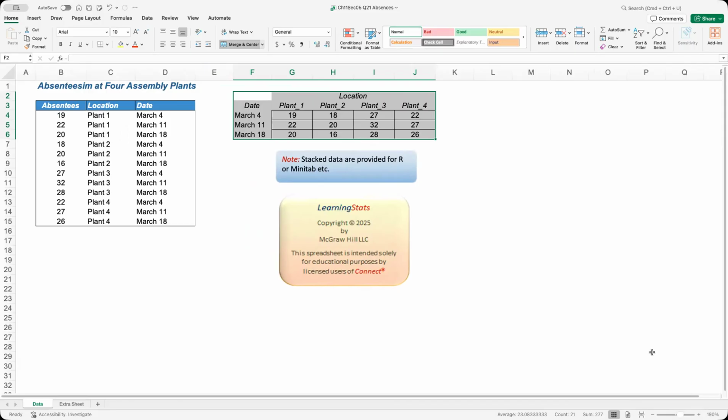So, before I do any math or any clicking in Excel, I need to know what I'm looking for. What is my set of hypotheses? Like March 4th, March 11th, and March 18th are equal to 0. I mean, plant 1, the column.